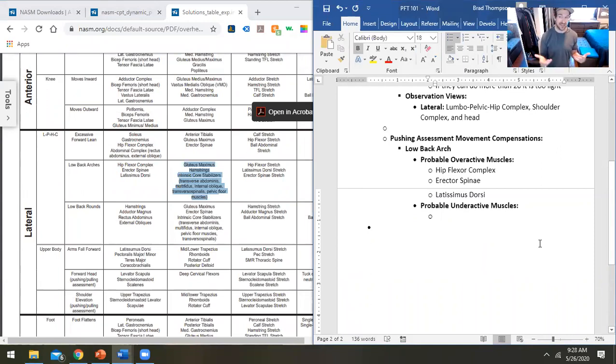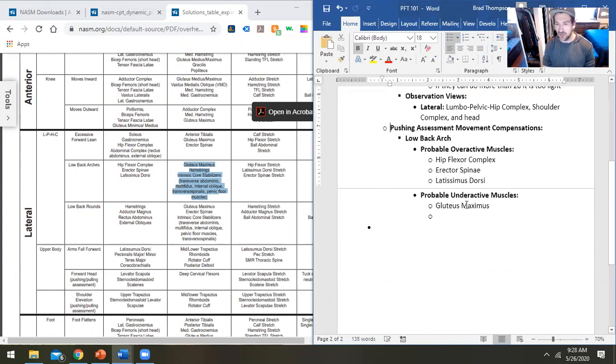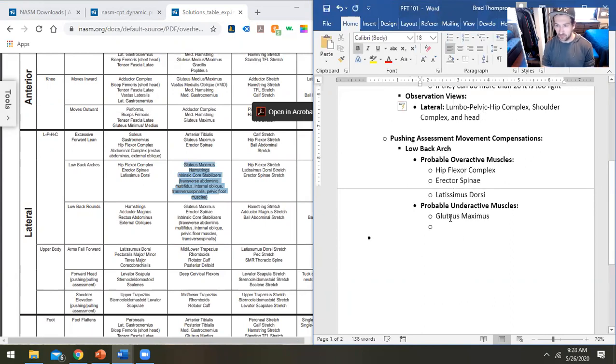So we've got to look at our hip extensors. That's going to be your gluteus maximus. And remember, your hamstring muscles do assist with a little bit of weak hip extension. Because hip flexion is the big thing they're doing more than they need to, their hamstring muscles are going to be helpful here as well. So hamstrings. Notice when it says hamstrings, we're not saying biceps femoris short head.